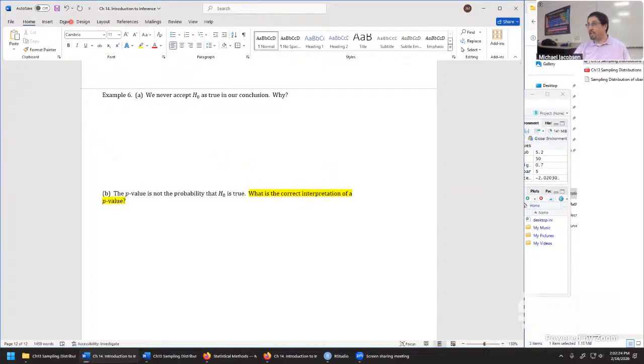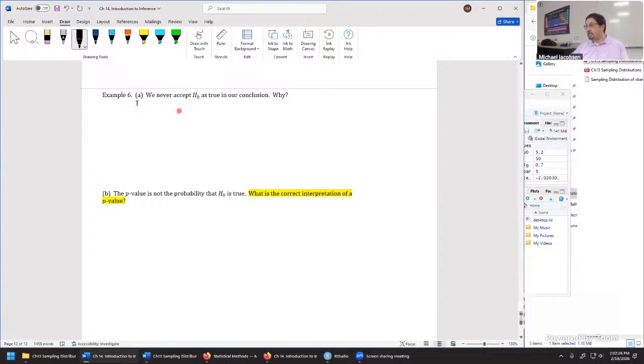First, there's lots of ways to answer example 6 part A. Really, there's a good maxim. I forget who said this, I think it was Carl Sagan: absence of evidence is not evidence of absence. If we reframe that entire statement in terms of hypothesis testing, it goes like this.